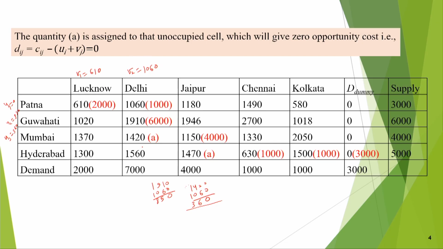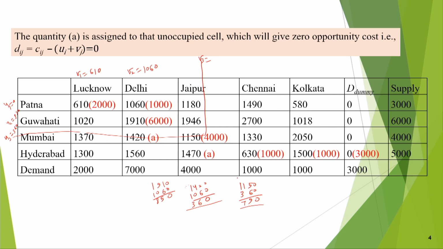Once I know U3, I can easily find V3 here, because this cell is filled. So V3, this is 360, but this is 1150. So V3 must be 1150 minus 360, which is 790.